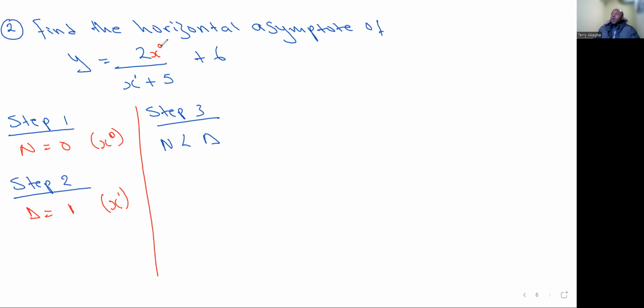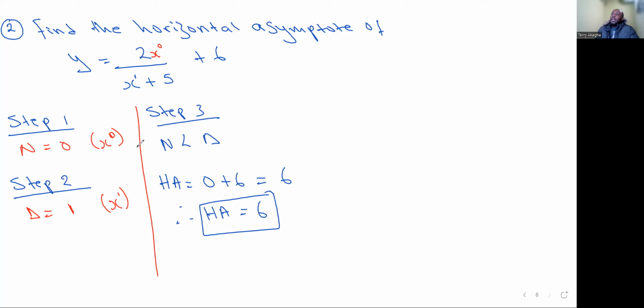So all this fraction is going to be equal to 0. So HA is going to become 0 plus 6, and that will be equal to 6. So therefore, HA is equal to 6. Are you seeing it?